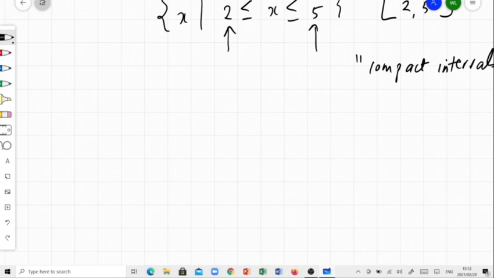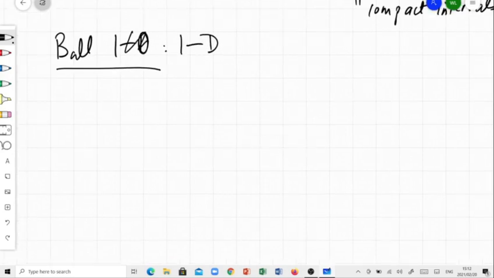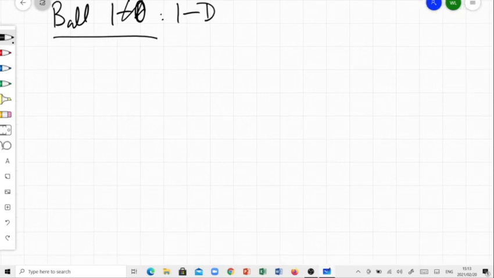Now, another way that we can look at intervals is to consider them as one-dimensional balls. What do I mean by that? When we think about balls, we think about a central point and points that are within a fixed distance from that central point. So in this particular case, let's consider the interval minus 1, 1.